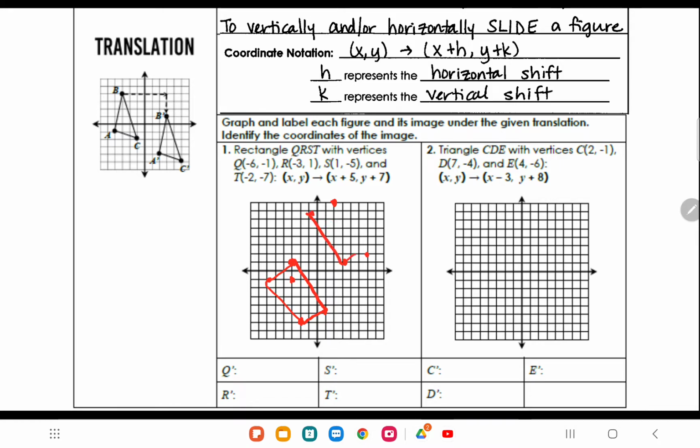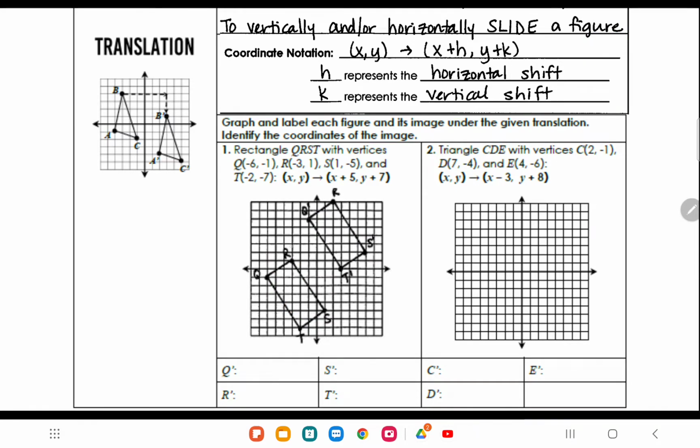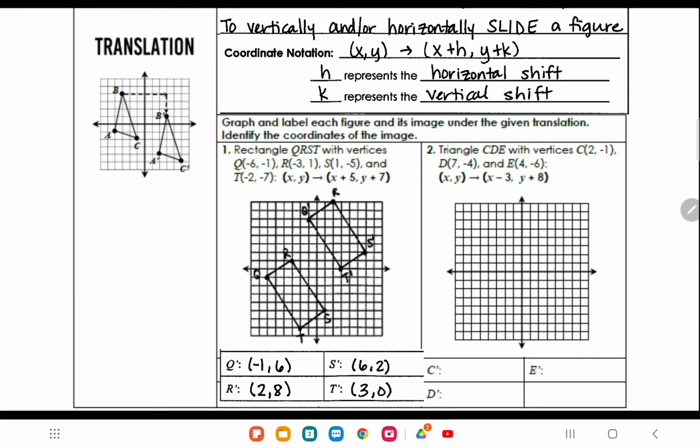So it's going to look like this at the end, and let's see what that looks like. There's our QRST and our transformed shape Q prime, R prime, S prime, T prime. Let's see those new coordinates. There they are: (-1, 6), (2, 8), (6, 2), and (3, 0).